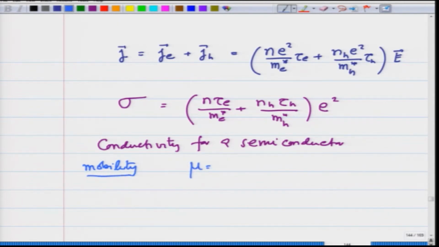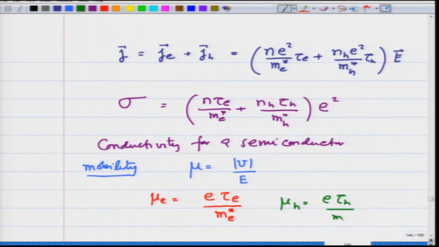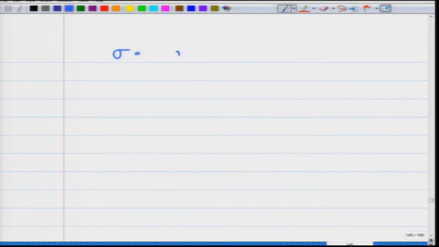And mobility mu is defined as the drift velocity obtained, its magnitude, divided by E. And you can see that mu electron therefore is going to be equal to e, the charge, times tau e divided by m e star, and mu for the hole is going to be e tau hole divided by m h star, and therefore, the conductivity sigma can be written as n electrons mu e plus n holes mu holes times e. So, people talk in terms of mobilities. So, this is the expression for the conductivity. Next, in the transport property, I want to talk about Hall coefficient.